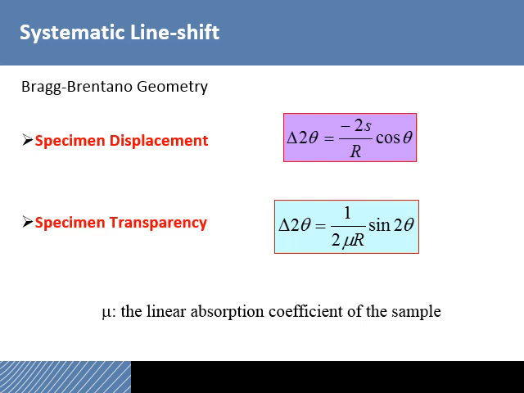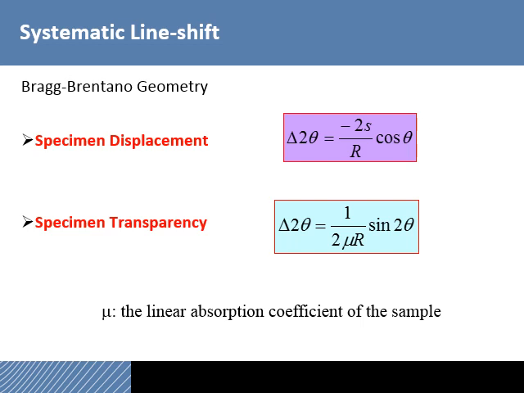Then there's also what's referred to as systematic line shifts, which are a function of the Bragg-Brentano geometry. The two of them being specimen or sample displacement, the other one being specimen or sample transparency. I'm pretty sure we talked, and there was a slide on specimen displacement given by the function on the right, where S is the actual displacement up or down from the eccentric plane of the diffractometer.